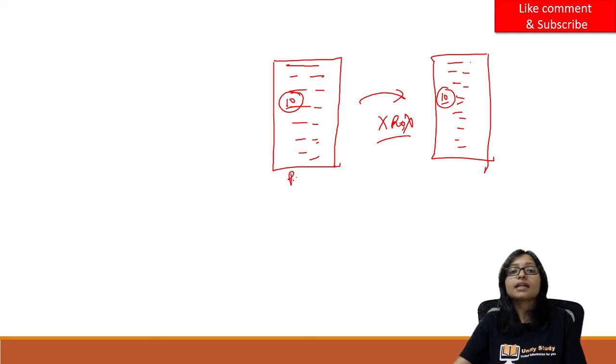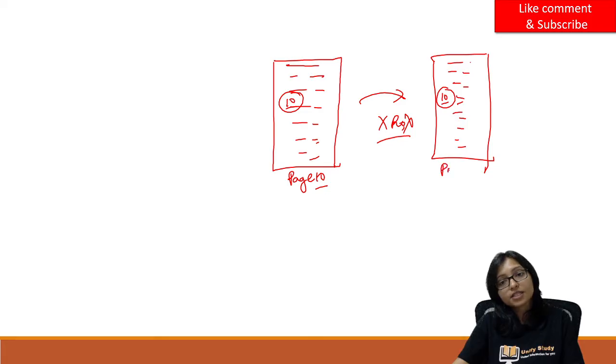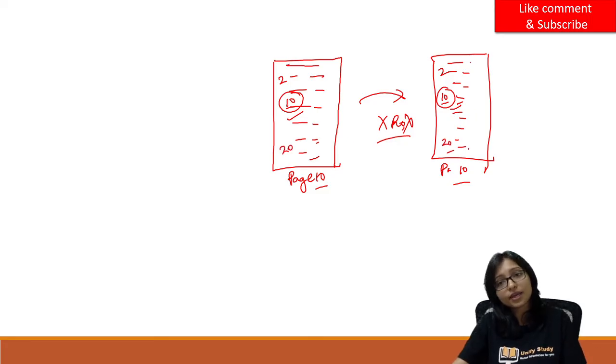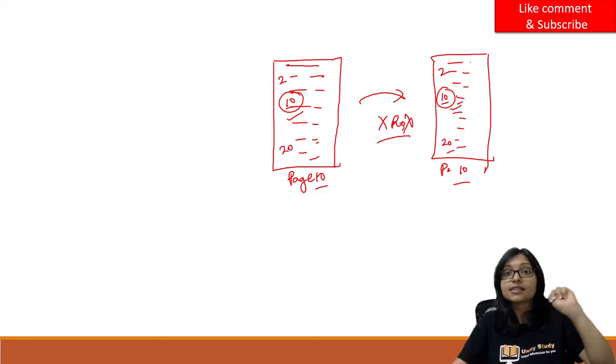You take the Xerox copy of page number 10. In page number 10, if I ask you for line number 10, line number 10 will be here. If I ask for line number 2, line number 2 will be here. If I ask for line number 20, line number 20 will be here. So that is the offset.